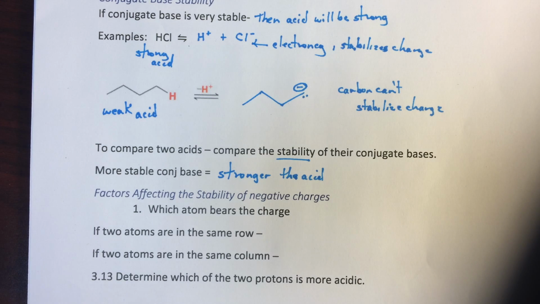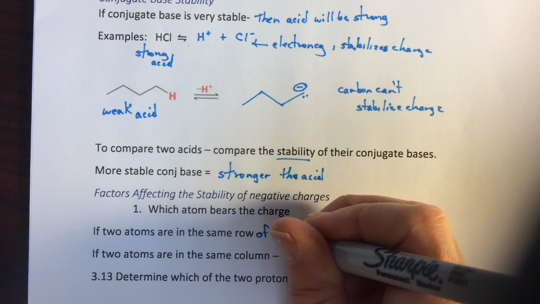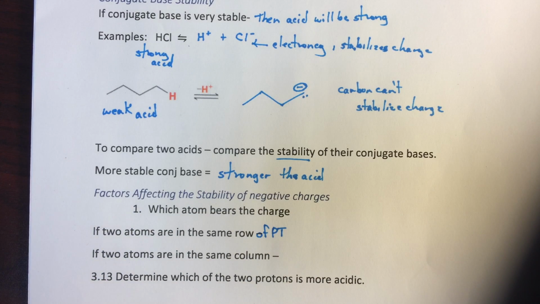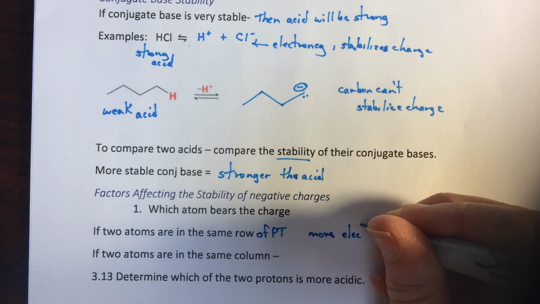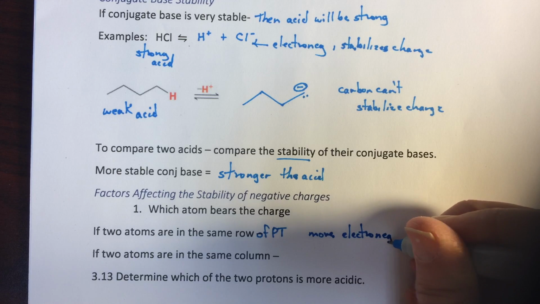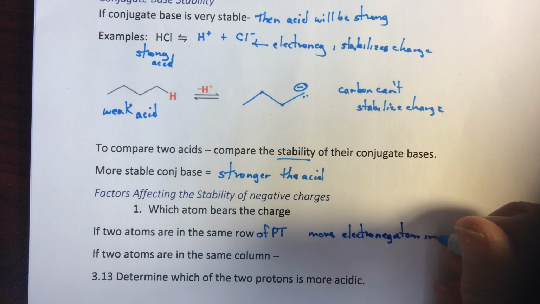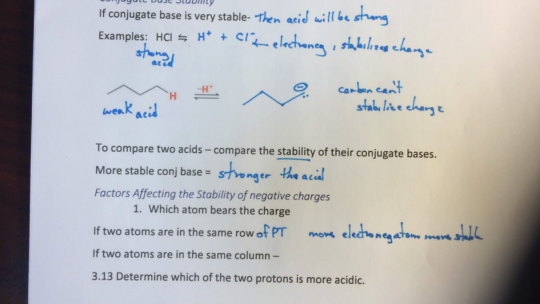So let's start by looking at the atom that's bearing the charge. If you're comparing two atoms and they're in the same row of the periodic table, the more electronegative one is more stable. And you remember that electronegativity increases as we go across the periodic table.